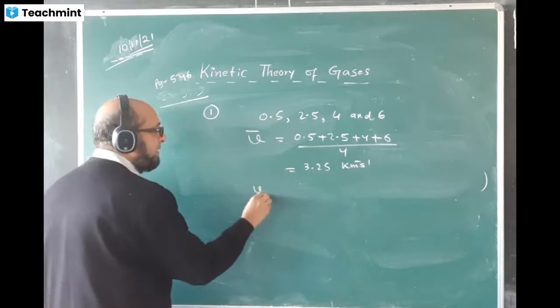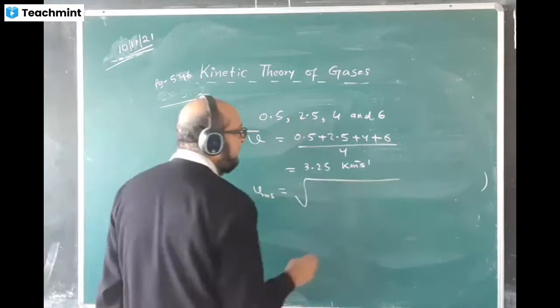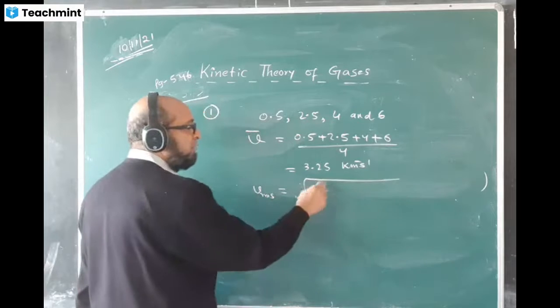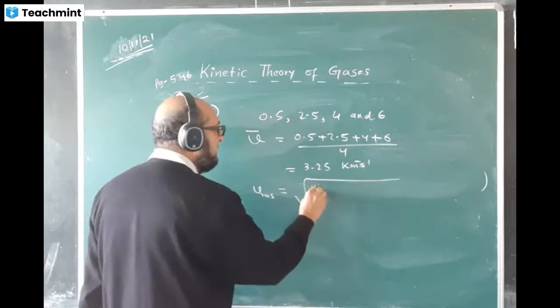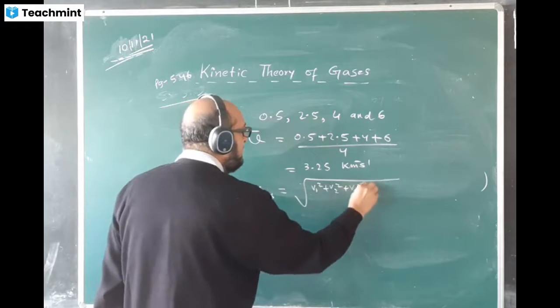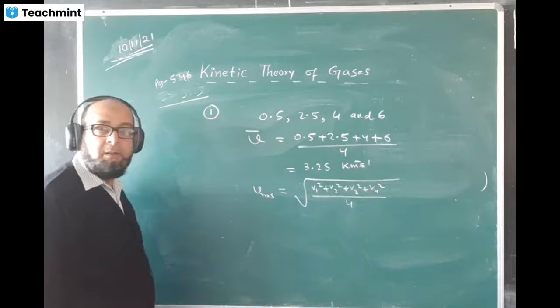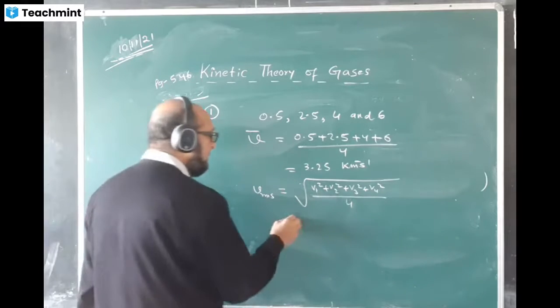Now you have to find VRMS. Root mean square, that is root you have to give. And you have to write V1 square plus V2 square, square of the mean velocity, plus V4. There are 4 molecules, divided by 4 we write. Now you calculate the answer.